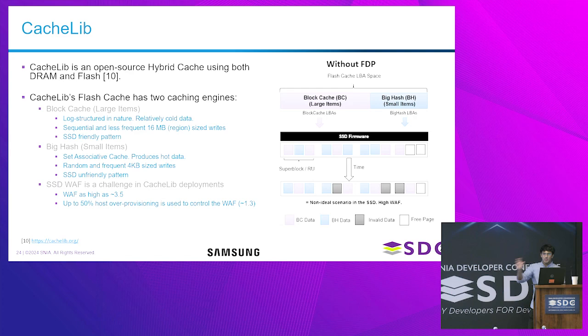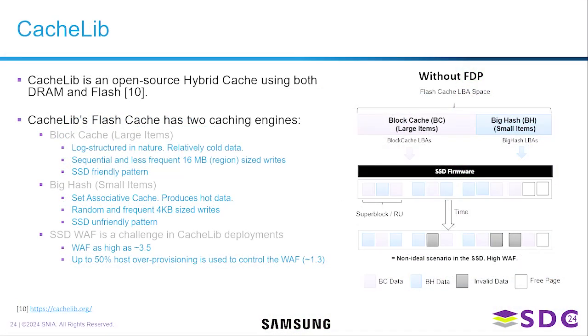So block cache has a log structured write to your SSD, which essentially results in sequential writes, which we know is good for the SSD. Big hash is a set associative cache. Essentially, it's a hashing function going on, so you end up getting random writes. And typically, those random writes are 4 KB, right? So we know that that's kind of the worst case scenario for your SSD.